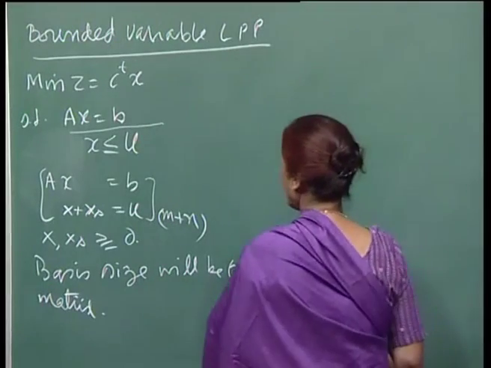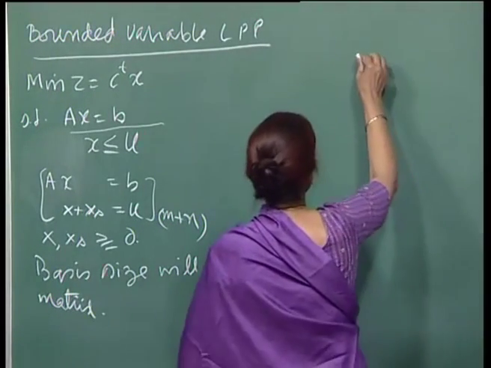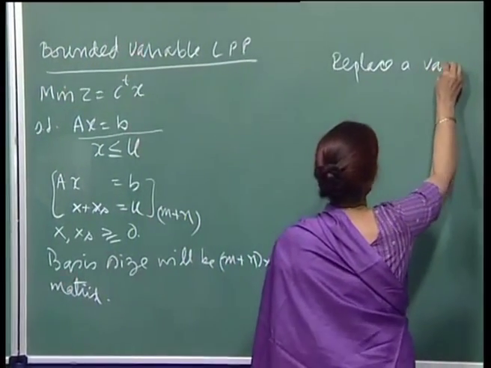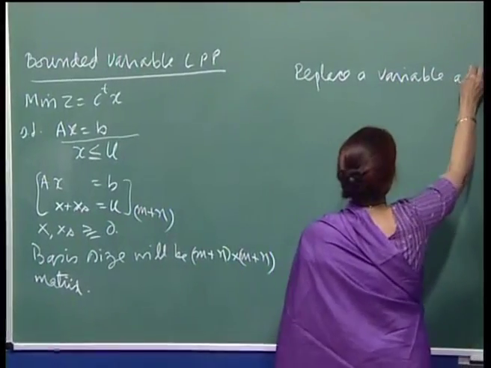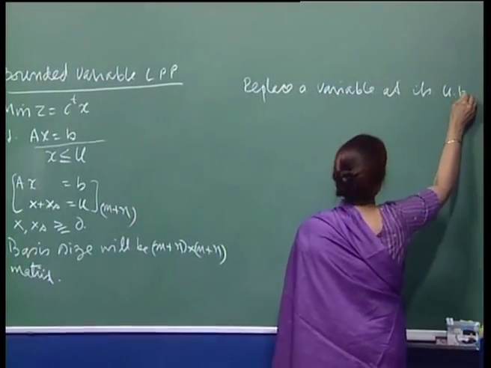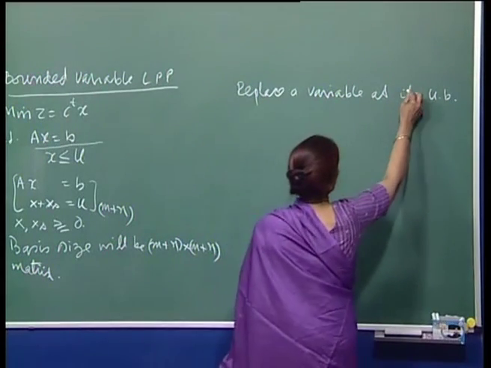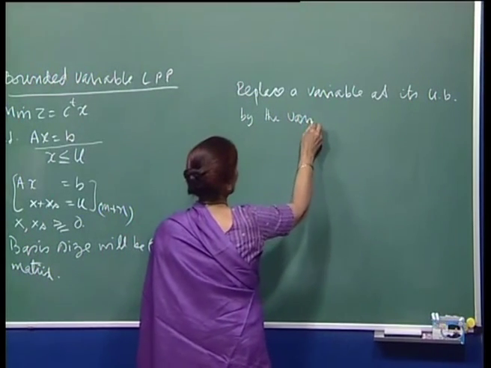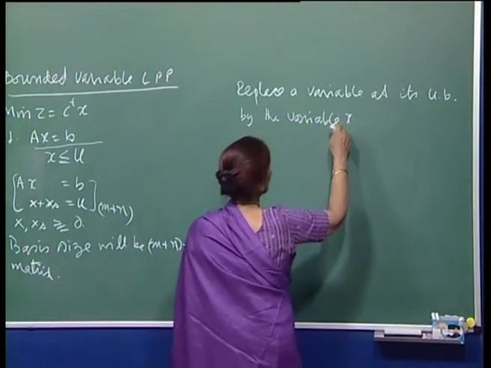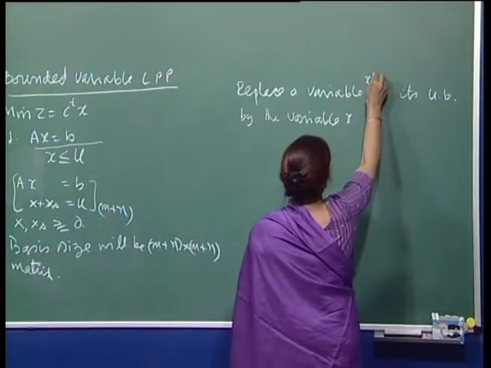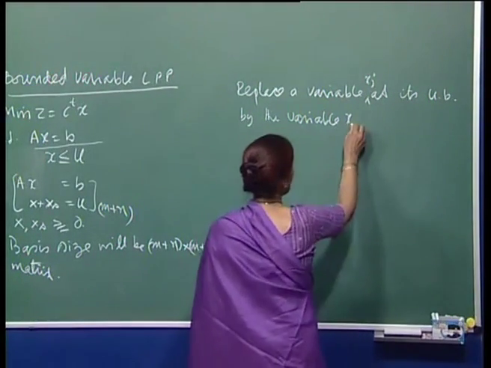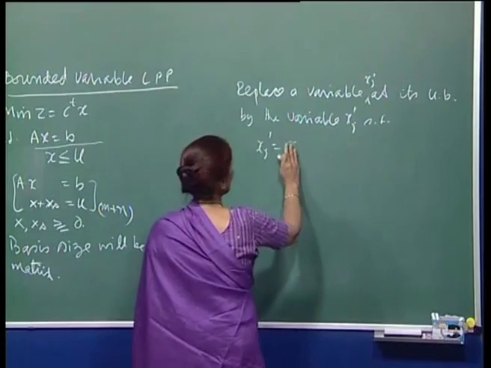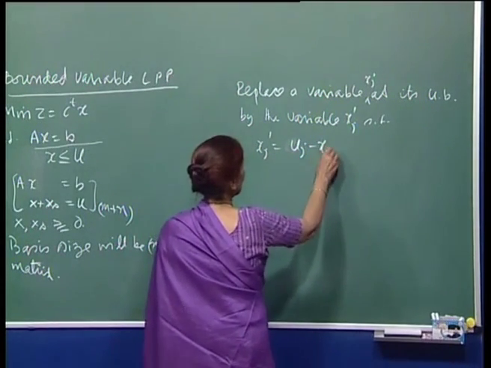Now, first of all, the idea is to replace a variable x j at its upper bound by the variable x j prime such that x j prime is u j minus x j.